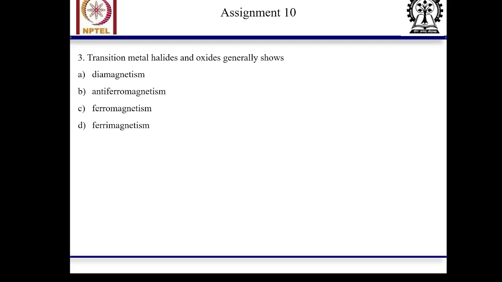Okay. Anyone else? That is not the correct answer. C is not the correct option.